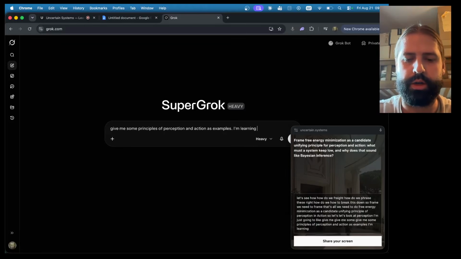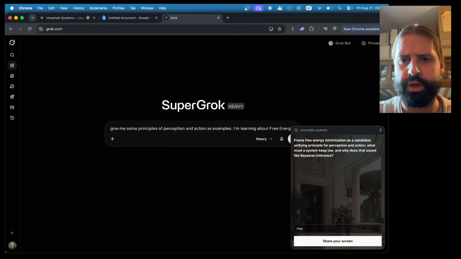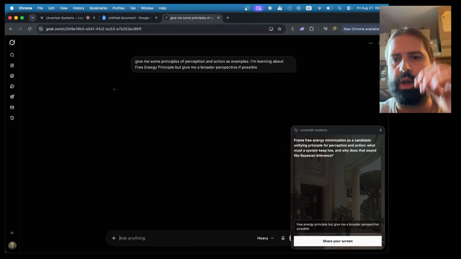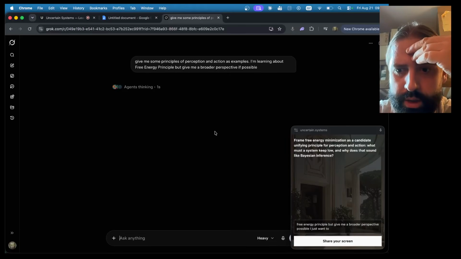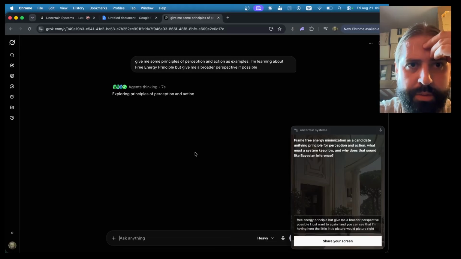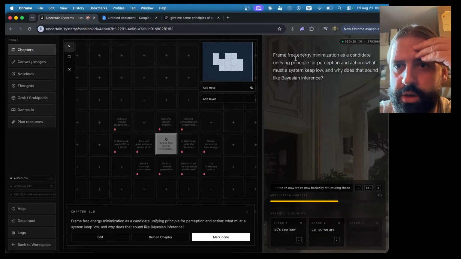I'm learning about the free energy principle, but give me a broader perspective if possible. You can see that I'm having the little picture-over-picture here from the system. So we're basically structuring this thought here. We're not trying to answer this question, okay?